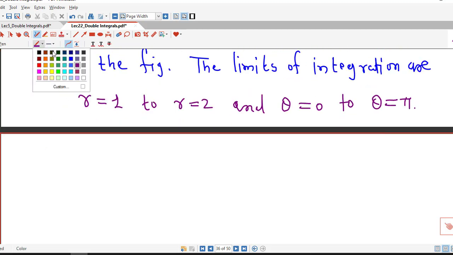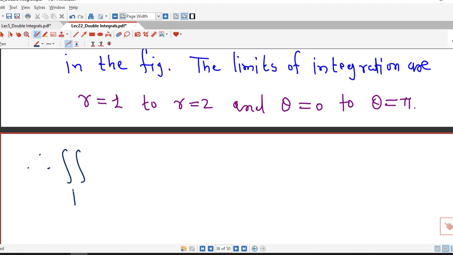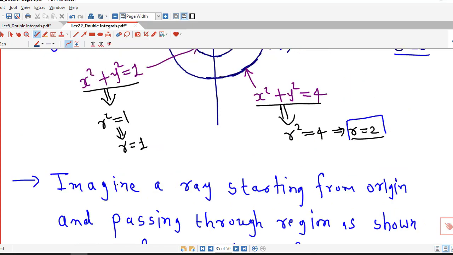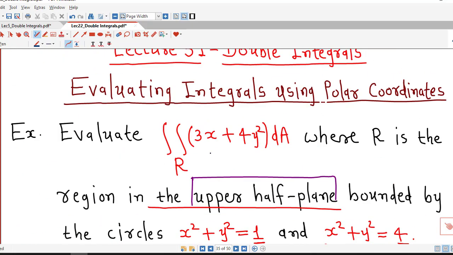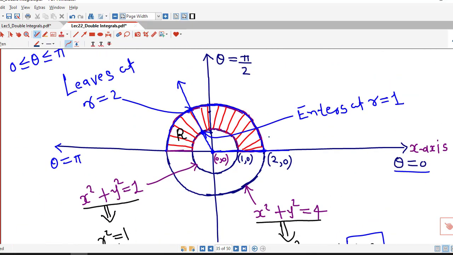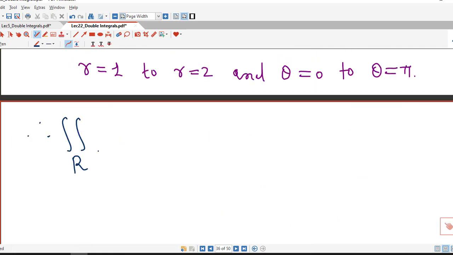So now we can find out the double integral, which is equivalent to the given Cartesian integral. The given integral is (3x + 4y^2) dA.